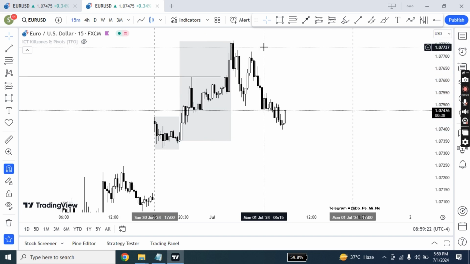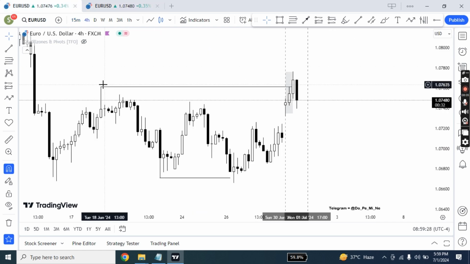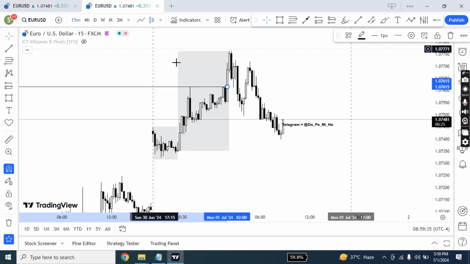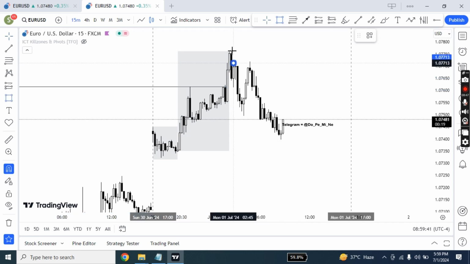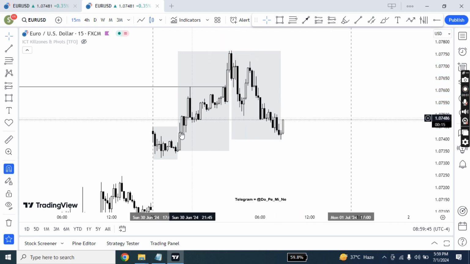The unique thing about this expansion again is that with this expansion, we took out another key level, in the form of this 4-hour swing high or range high, and this expansion tested a key level. So after that, what can we expect? We can expect a reversal, right? You can see here that we are using proper logic.